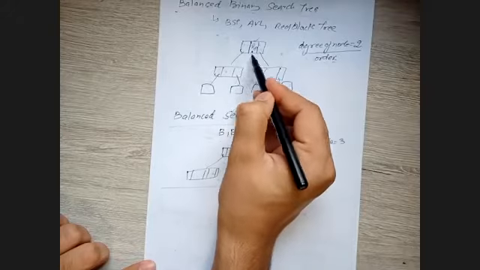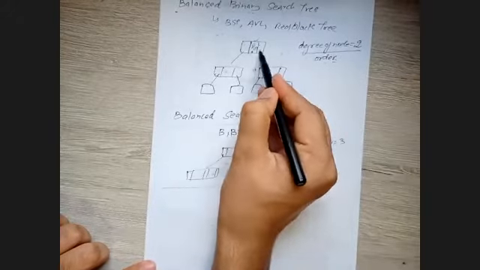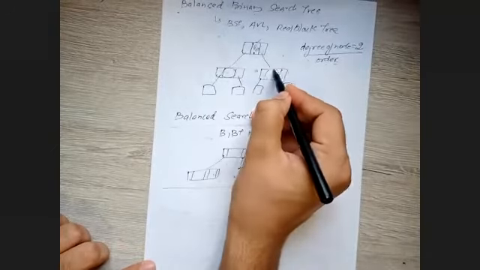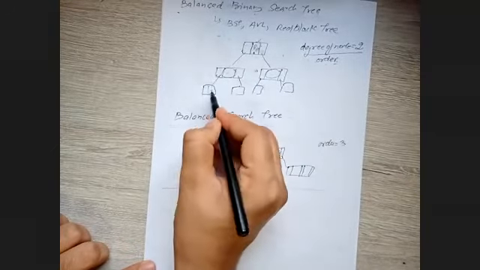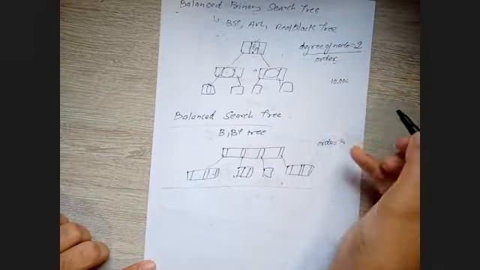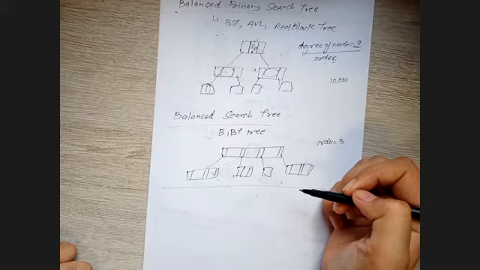And these are just the block pointers. Means through this block you can go to this block. Through this you can go to this block. Again, we have only one record pointer, one record. So you can just visualize, if we have 10,000 records, how many levels will there be in an AVL tree, right?